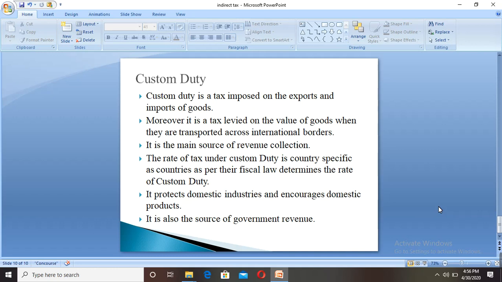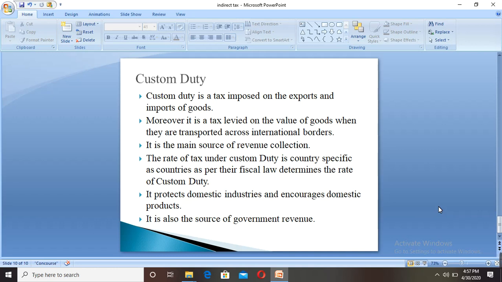In the course of buying those materials from neighboring or international countries, government imposes tax on them. The intention of government to impose tax is to collect revenue from the citizens on the one hand, and on the other hand to satisfy the needs and demands of the citizens.